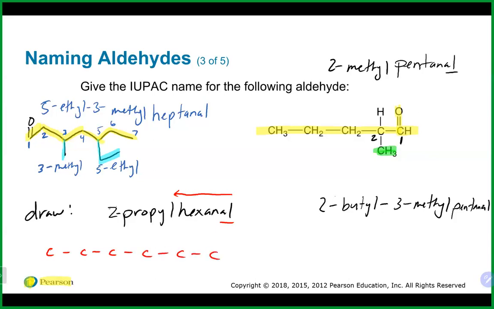Now, because you're drawing it, we can put our aldehyde group on the left-hand side or right-hand side. It doesn't really matter. I'm going to go right-hand side. Why not? We'll put it there. Now, because I did put it on the right-hand side, that would definitely make that carbon number 1. If you put it on the other side, then your carbon number 1 would be on the other side of the molecule. Now that takes care of that name.